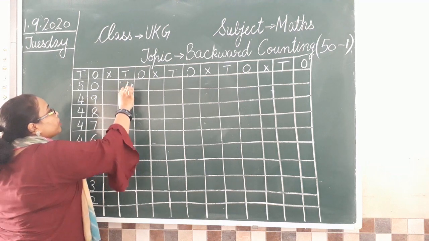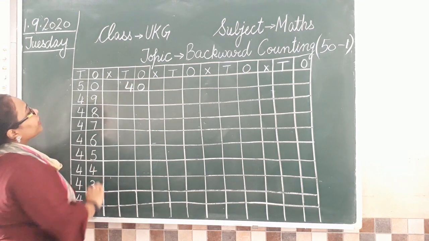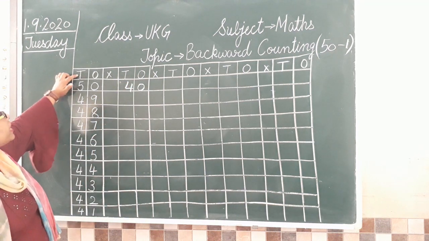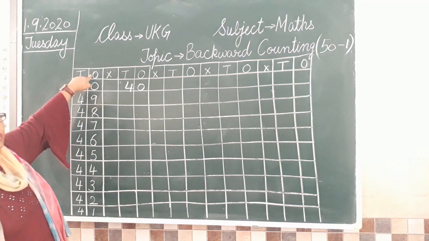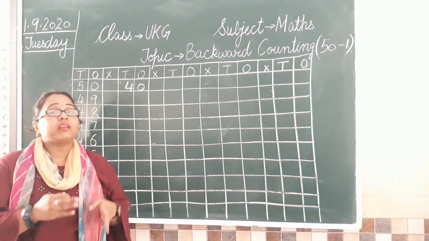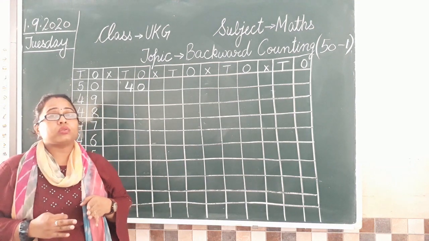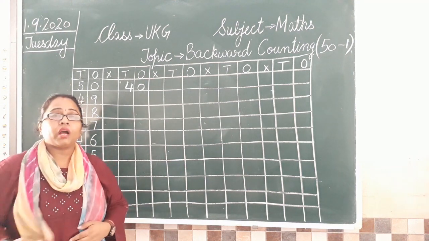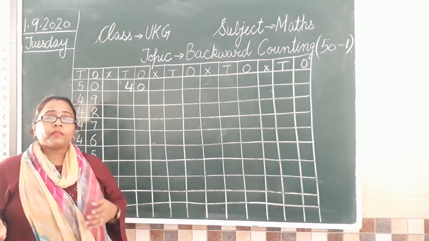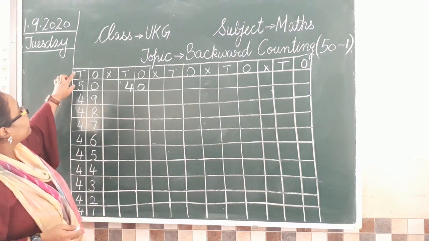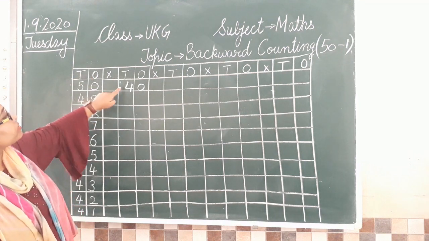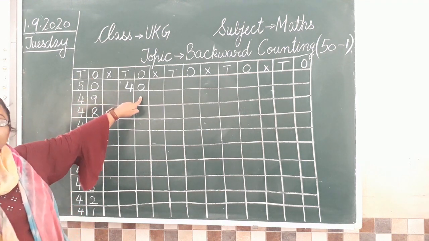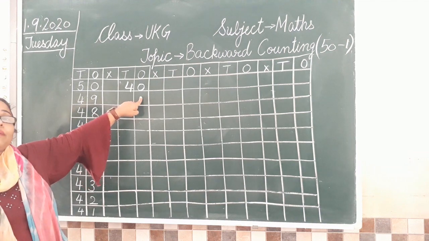So 40. So class, before moving ahead, can anyone tell me what is this T and O for? You all are aware about it. You are also aware that we have started writing H also when we are writing our normal counting or forward counting. So T is for tens and O is for ones. So what does this number 40 mean now? 40 का क्या मतलब हुआ?